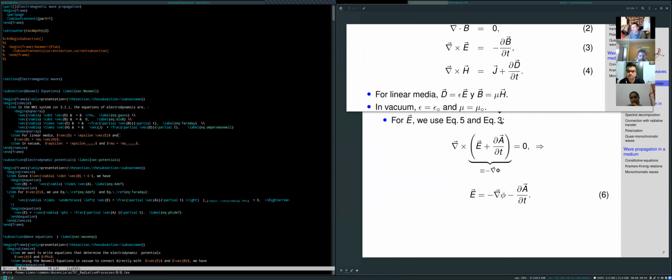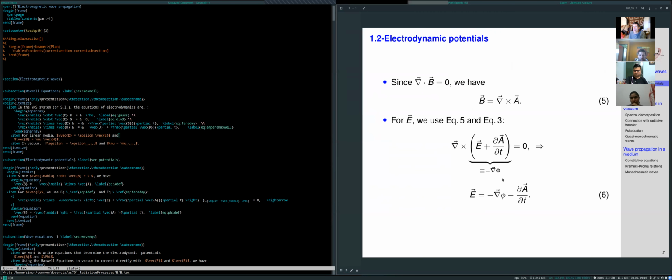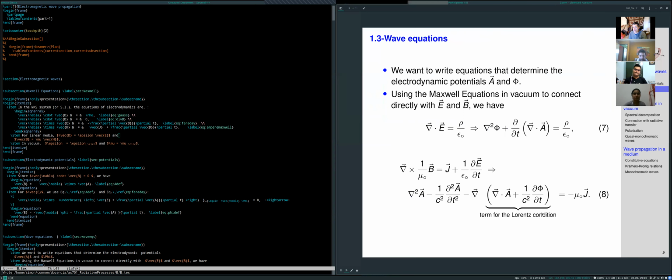If we inject B equals nabla cross A into equation 3, we get this other expression where the curl of this expression always equals 0. In other words, whatever this expression is, it can be written as a gradient. And so we relate the electric field with the electric potential corrected for the vector potential. Is this new to anyone? No, okay.